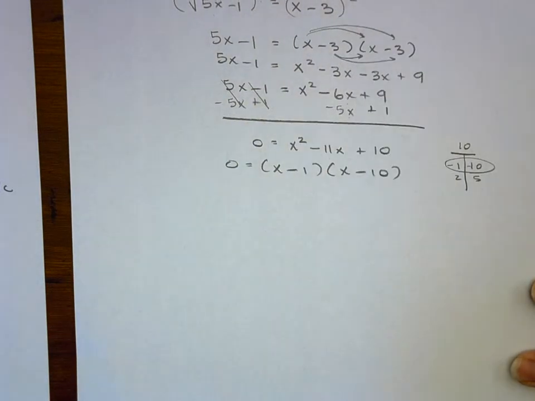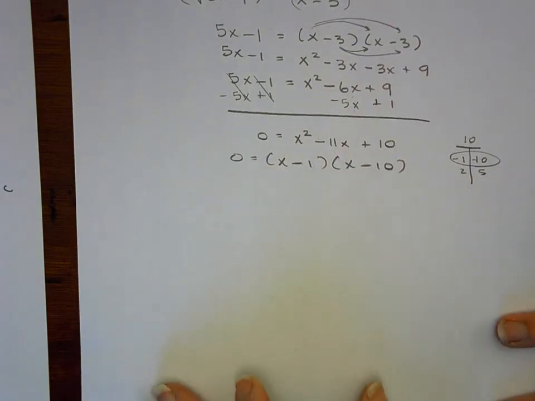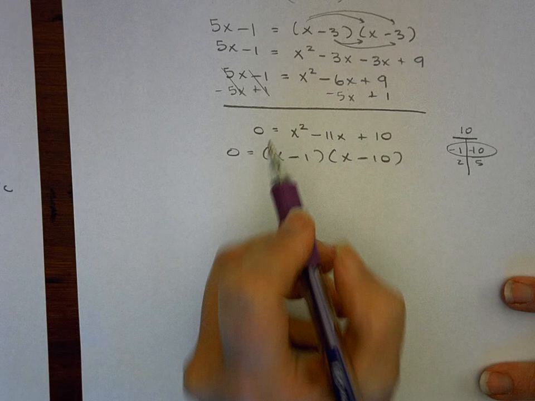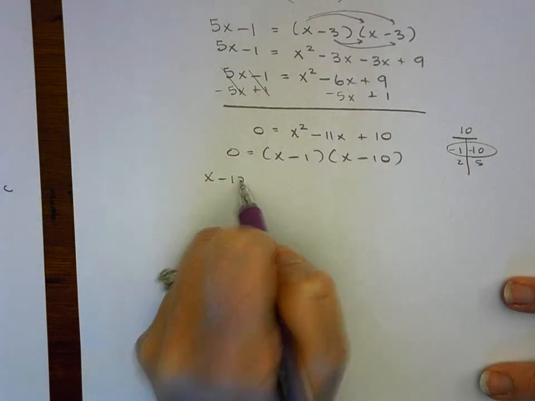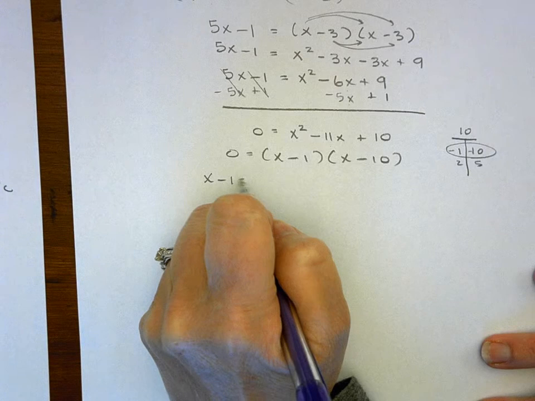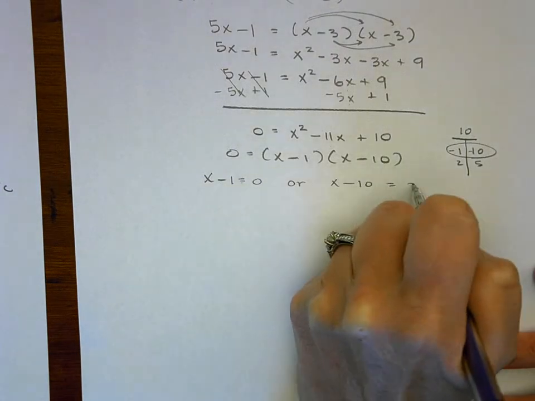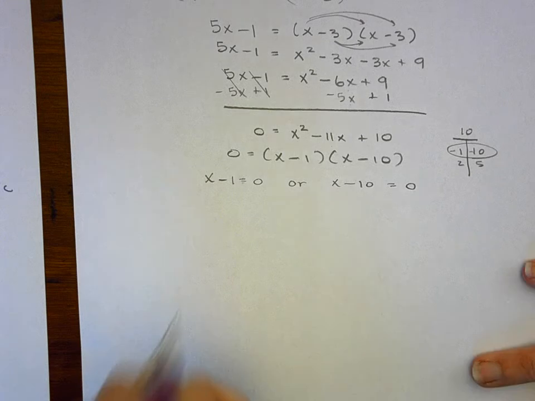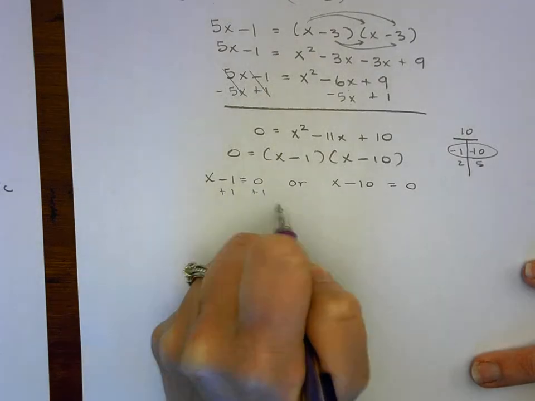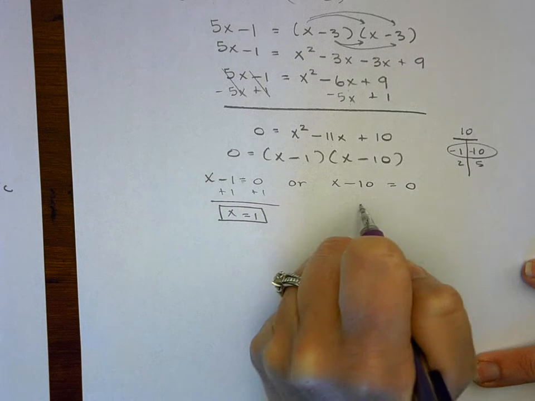Okay. So then solve by factoring. So it's factored. Now set each factor equal to 0. And then add 1 to both sides. And add 10 to both sides.